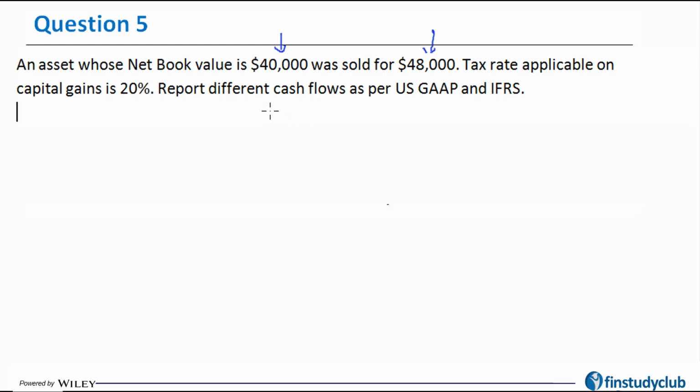Report different cash flows as per the US GAAP and IFRS. Now you would recall that there were 3 categories of cash flows that you have: CFO, CFI and CFF. What the question asks us is, as per the transaction that is being given, how are different cash flows to be classified here?